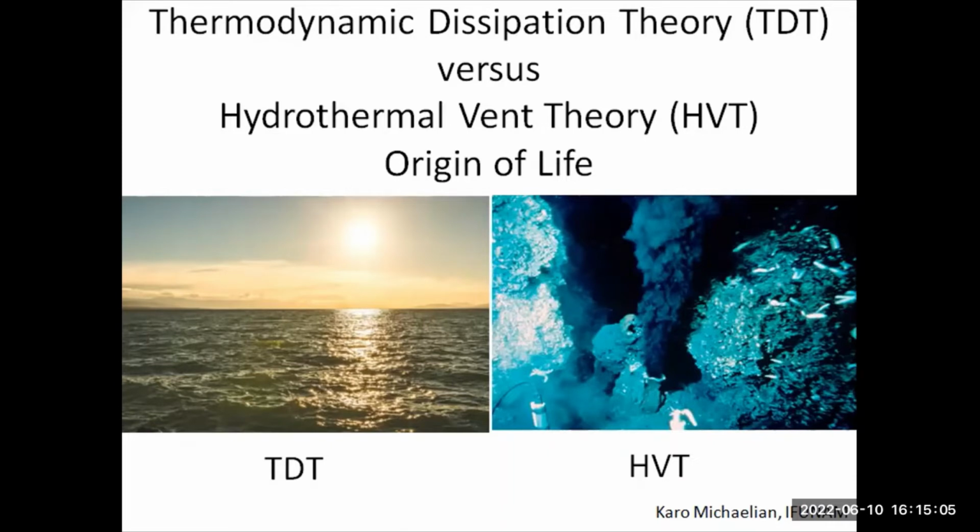Now we know that the thermodynamic dissipation theory of the origin of life says that life started on the ocean surface under a strong flux of UVC light. And it was in fact this UVC light which was necessary for its dissipative structuring, in such a manner as to allow the dissipation of this light.